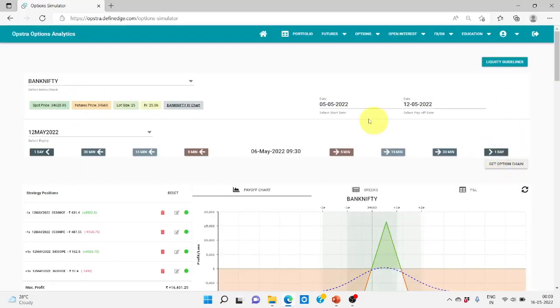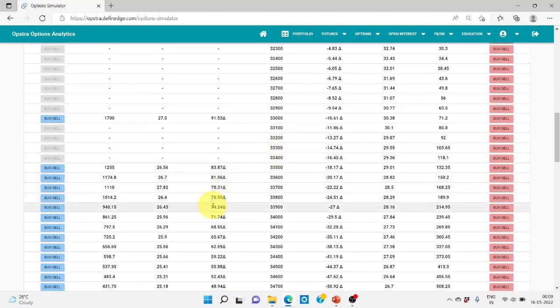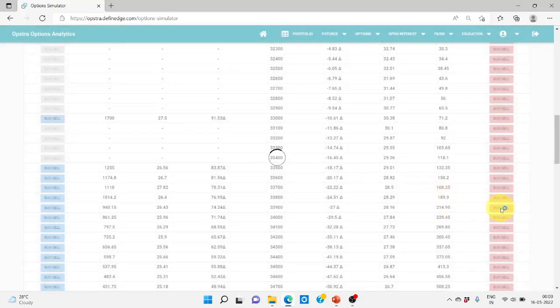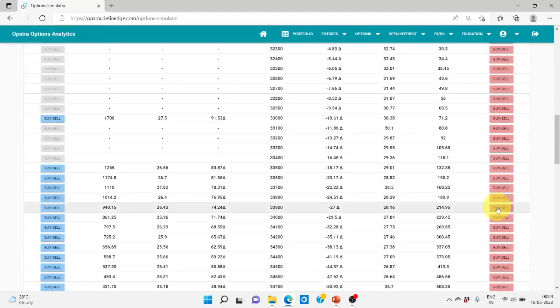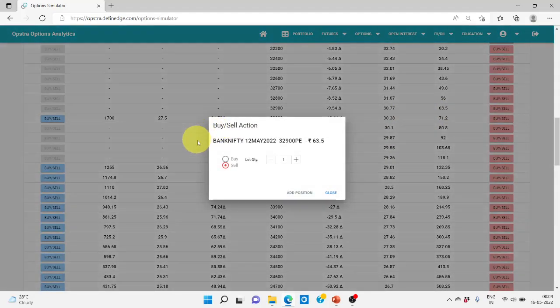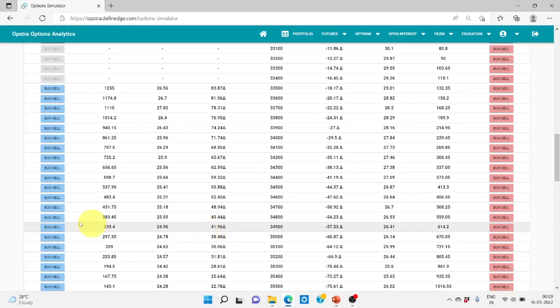So we are going to do another set keeping that 33,900 as our center sell point. We are going to sell 33,900 call and put, and we'll be buying 1,000 points away on both sides, which is the 32,900 put and 34,900 call.